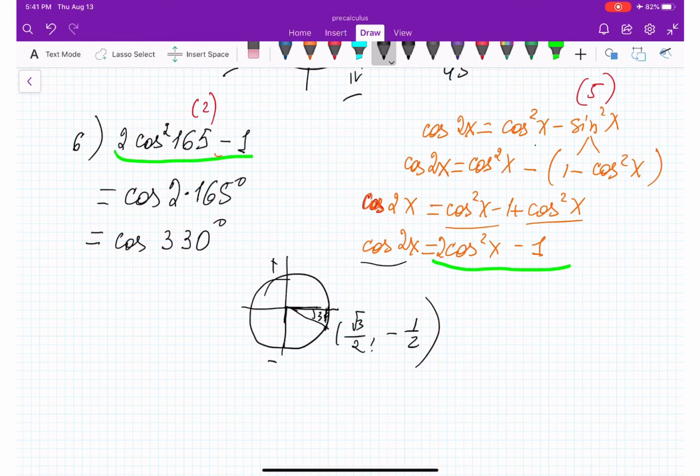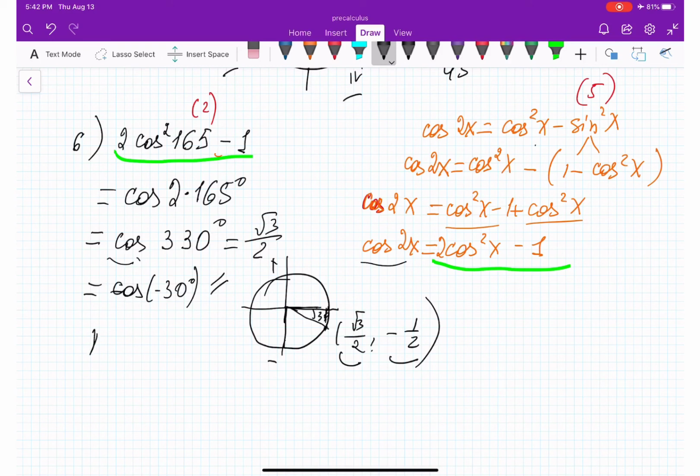So from here, this is our cosine, this is our sine. Since we are interested in cosine, cosine 330 degrees is equal to cosine negative 30 degrees, which is going to be square root 3 over 2.